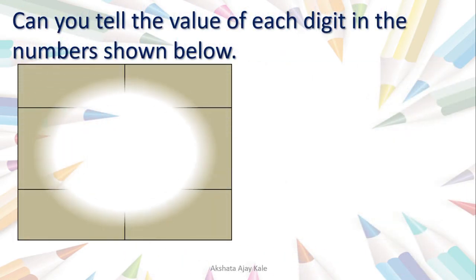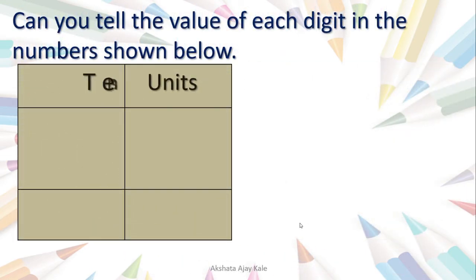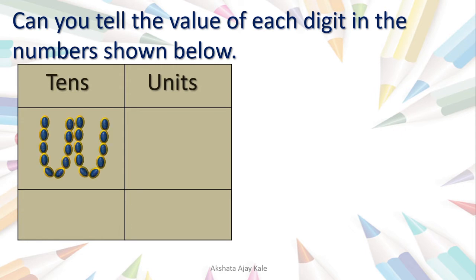Next, here you can see units, tens. Okay, here we can see the string of beads and some single beads. Now we will count this. How many strings are there? 2. And how many units are there? 7.